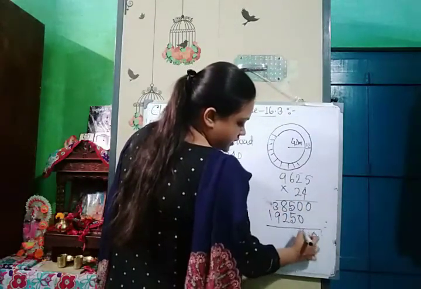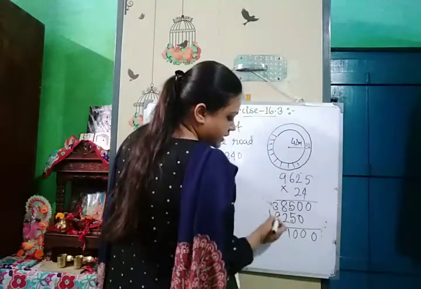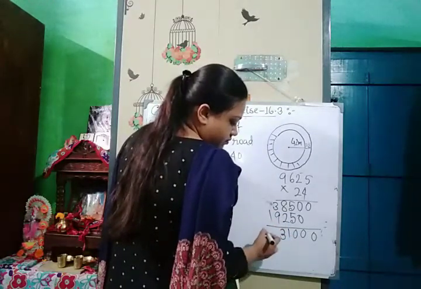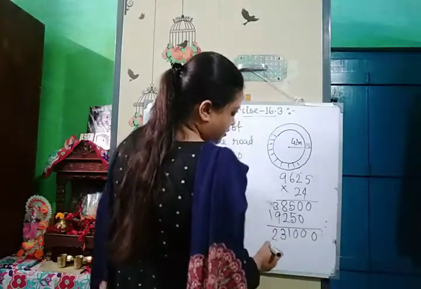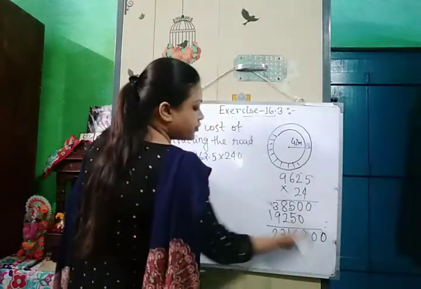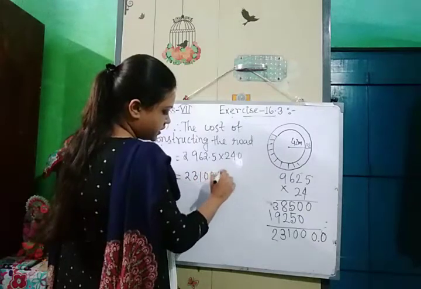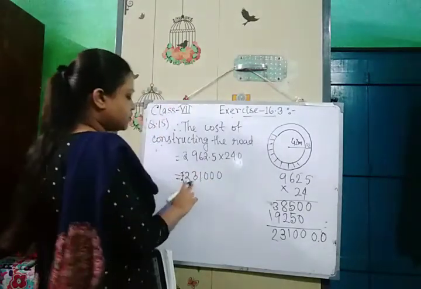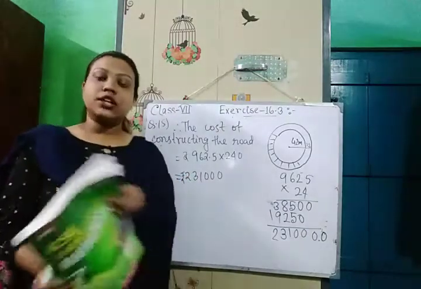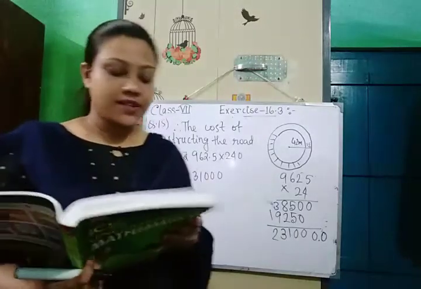Now 0 0 0, 1 in hand, 8 plus 2 10 plus 1 11, 1 in hand, 9 plus 3 12 plus 1 13, 1 in hand, 1 plus 1 2. So another 0 will be there for this 0, and the point will be here. So it's 231,000 rupees. 2,31,000 is the total cost of construction of the road. So I hope this is clear.